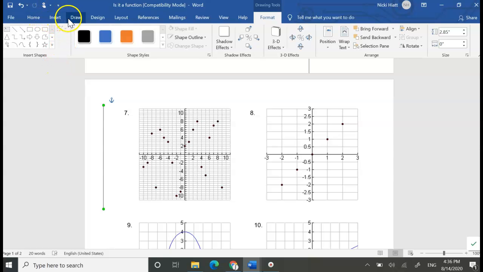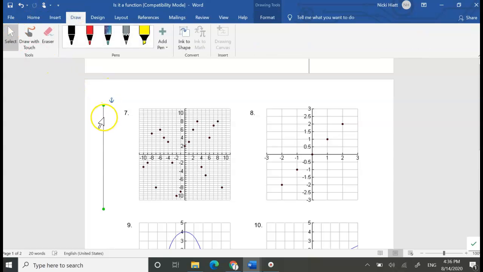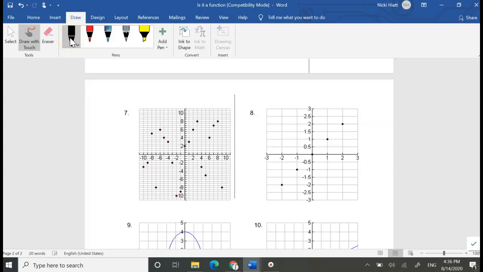It's a little bit difficult to see, but if I take my line here, only 1 point, only 1 point, only 1, 1, 1, 1. And as I go across, I have not yet come across anything where I have 2 points. So number 7 is a function.